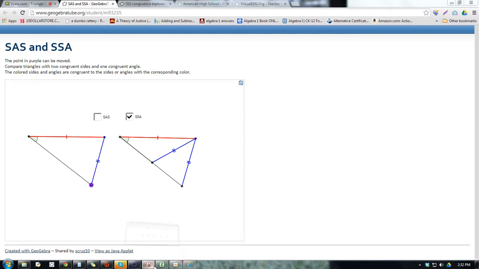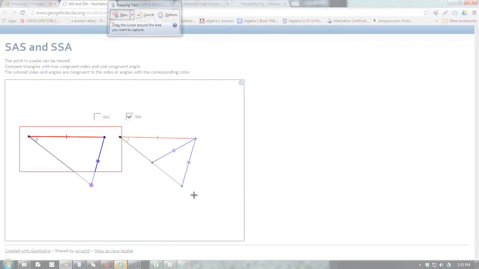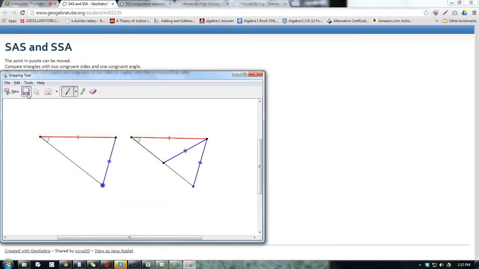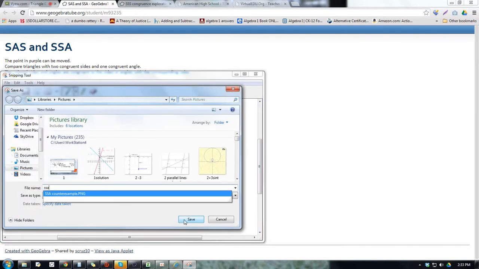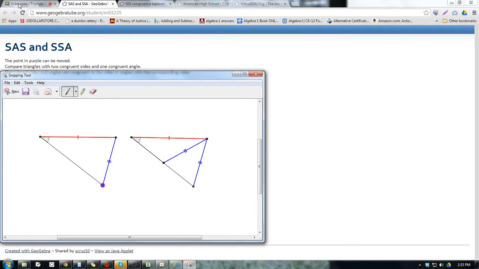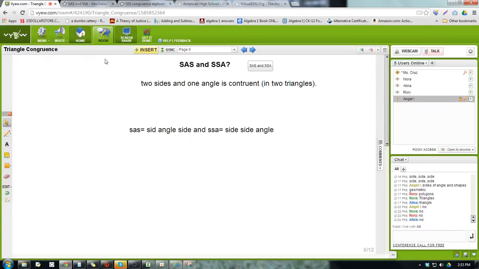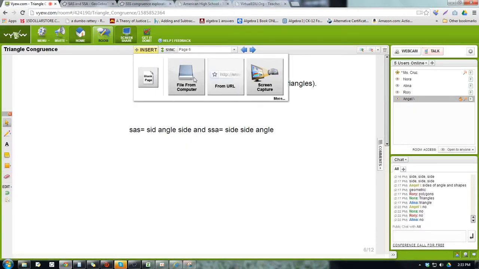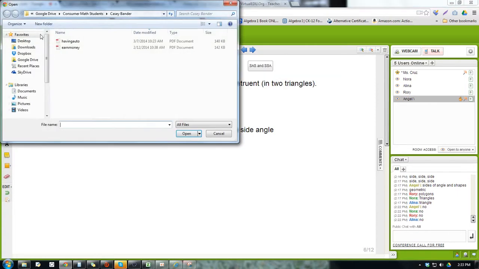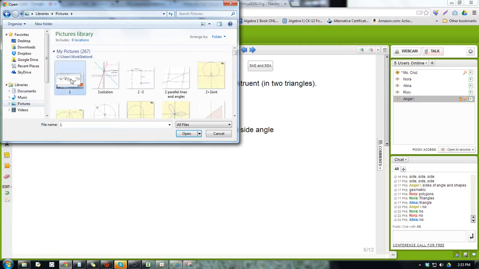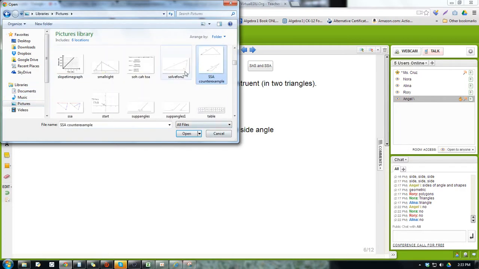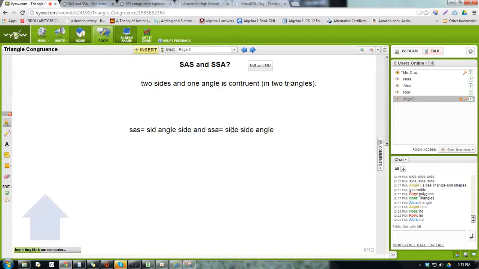Hold on. I'm going to take a screenshot so I can share it with you all. Okay. Give me just one second. Pause from computer. All right. And it's loading.